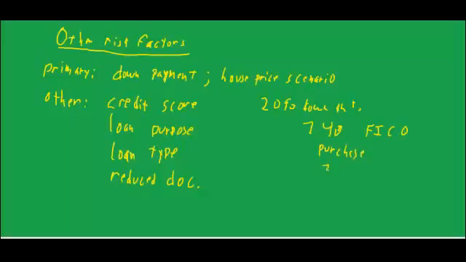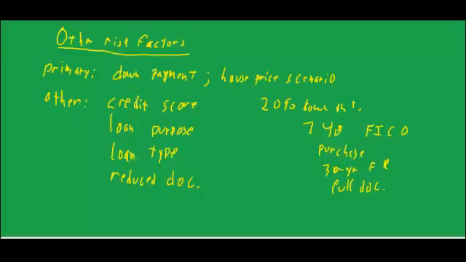A loan type is a 30-year fixed rate and no reduced doc, so we'll call that full documentation. Suppose we call that our benchmark loan. And then we can say, well, suppose we varied one of these other factors.